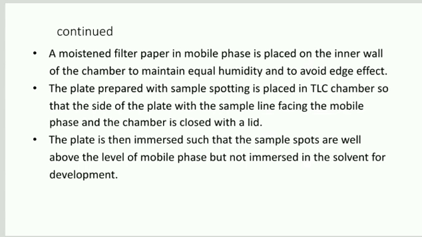The plate prepared with the sample spotting is placed in the TLC chamber so that the side of the plate with the sample line faces the mobile phase, and the chamber is closed with a lid. The plate is placed such that the sample spots are well above the level of the mobile phase and not immersed in the solvent for development.